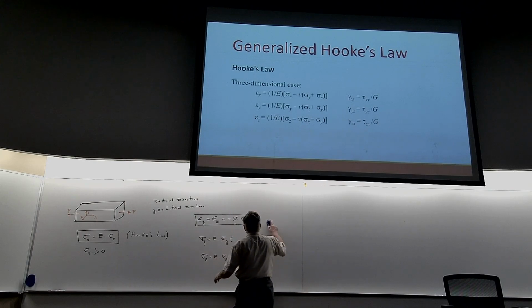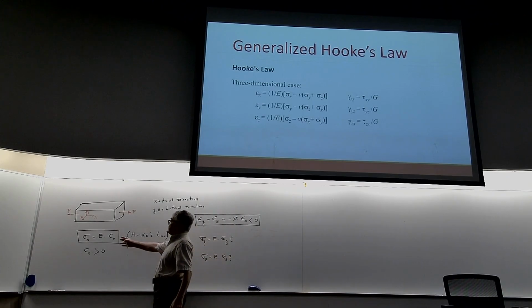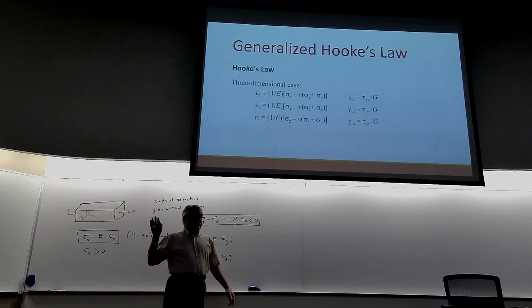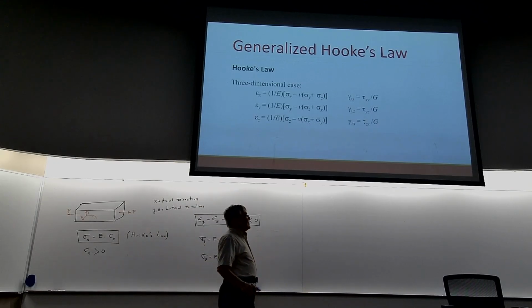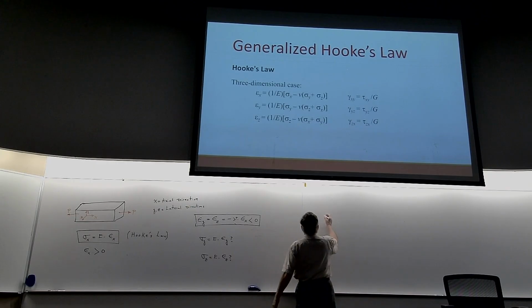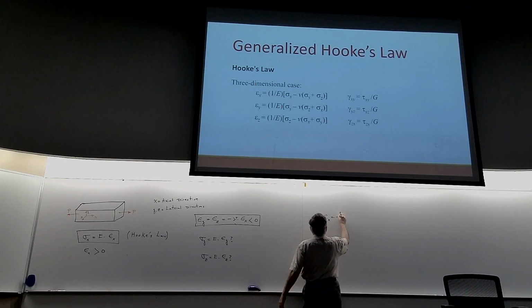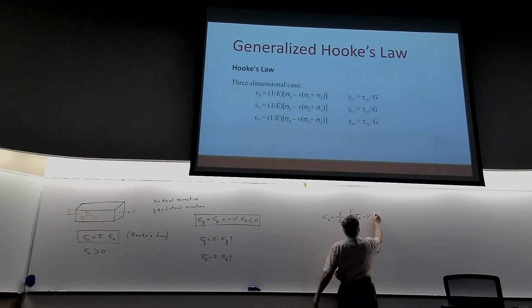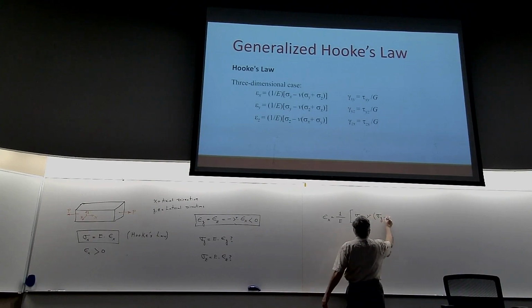So we want to make sure that we don't use this simple equation in the cross section in a one-dimensional situation like that. So if I take the first equation, epsilon x is 1 divided by E times sigma x minus nu times sigma y plus sigma z.